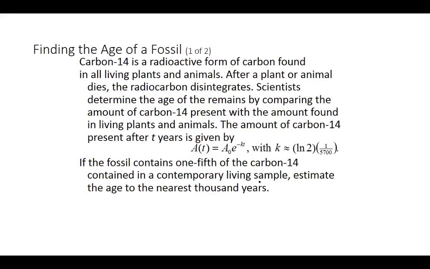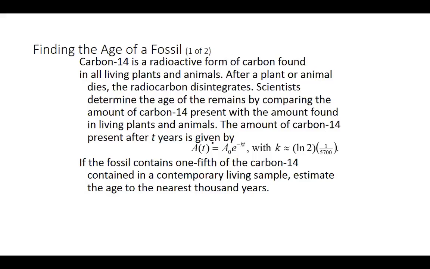Carbon-14 is a radioactive form of carbon found in all living plants and animals. After a plant or animal dies, the radiocarbon disintegrates. Scientists determine the age of the remains by comparing the amount of carbon-14 present with the amount found in living plants and animals.